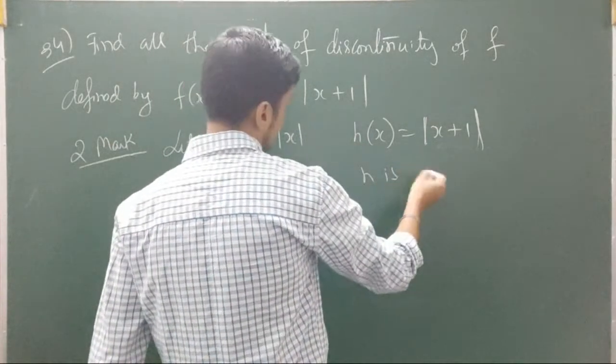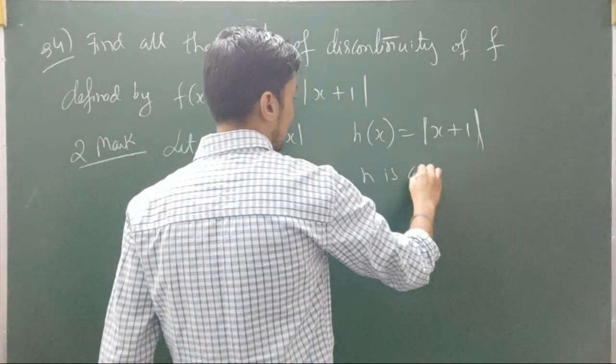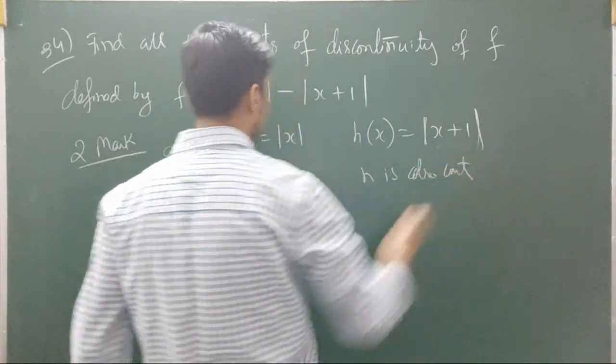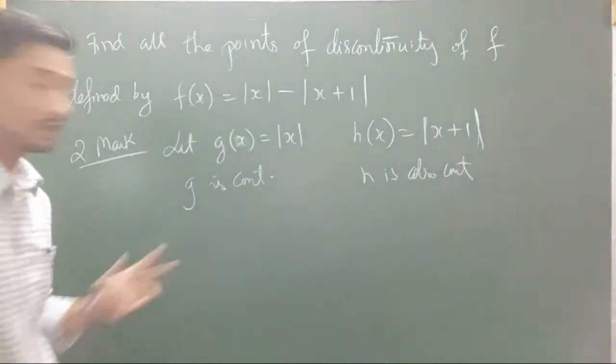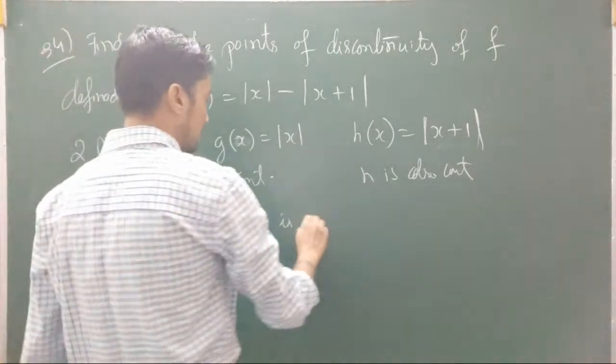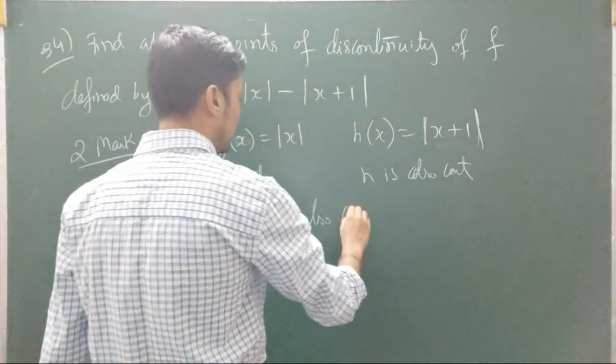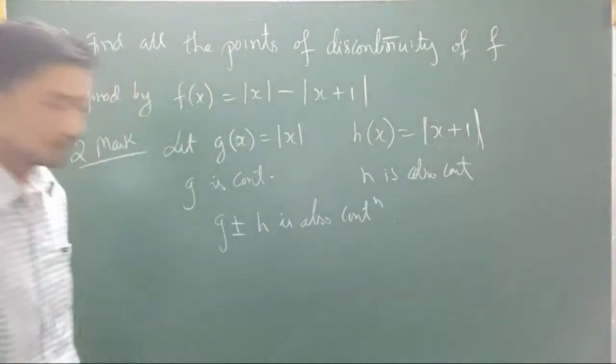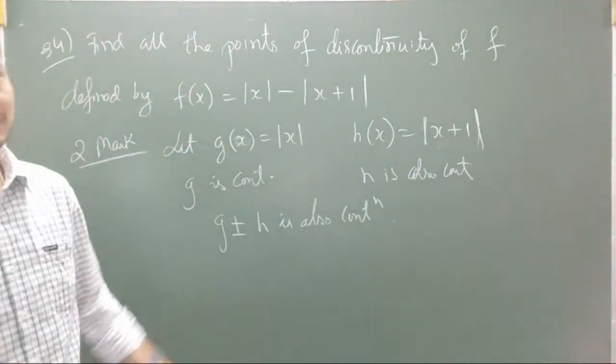So f and h are also continuous because both of them are modulus functions. So g plus or minus h is also continuous. So this given function is continuous.